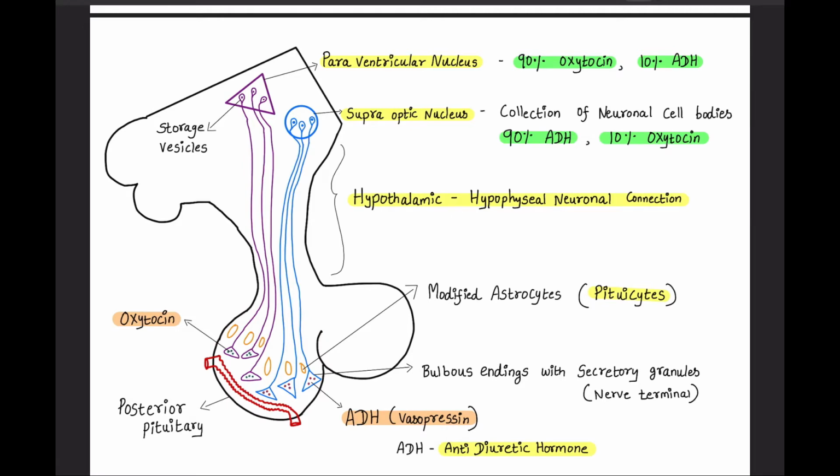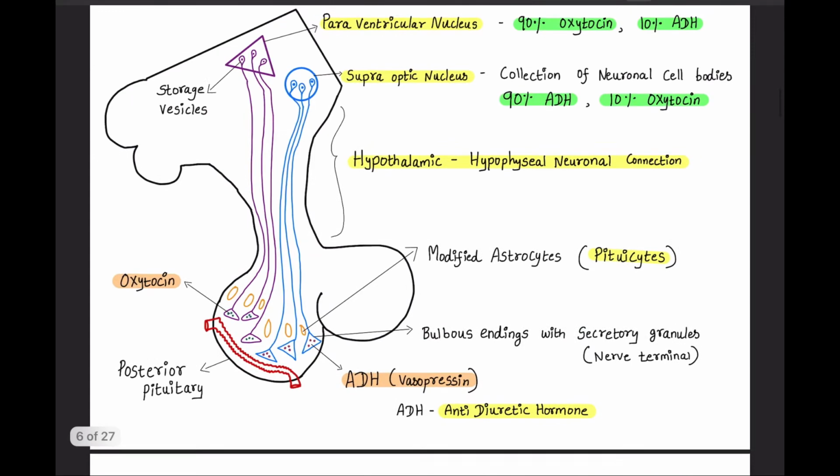So the supraoptic nucleus also has oxytocin, but the percentage is 90% ADH and 10% oxytocin. Same goes for the paraventricular nucleus. It synthesizes 90% oxytocin and 10% ADH. So these are simple concepts you should understand.